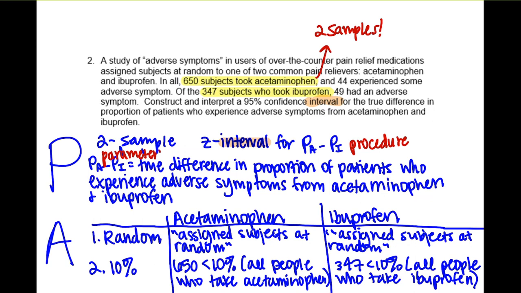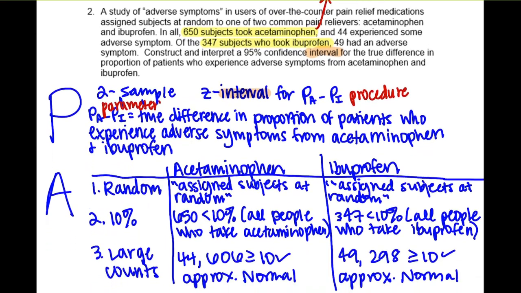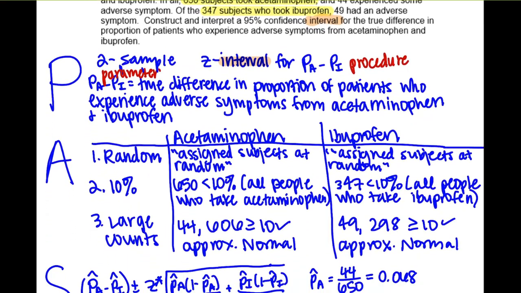And then we have our parameter here that we put next. I like to label my 2 samples separately here so I can show each one's conditions without missing any. So I do the little table. I think that's the most helpful. And then remember for intervals, we can put our successes and failures for each, always whole numbers.